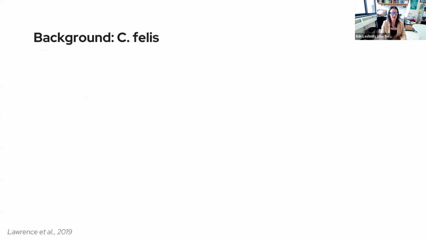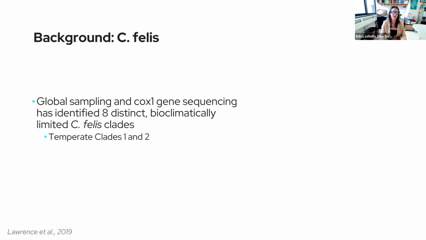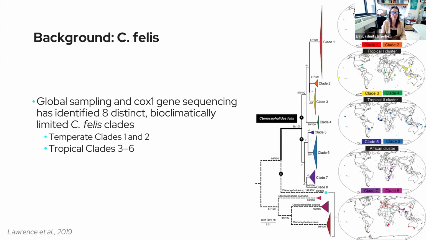A little bit of background on the cat flea. The cat flea does have a more complicated phylogenetic and family history. The cat flea is separated into 8 different what we call clades, and this is based on genetics, phylogenetics. These are geographically distinct and limited mainly by climate, but also geography.